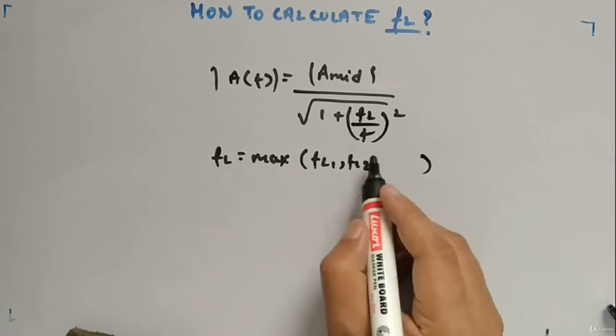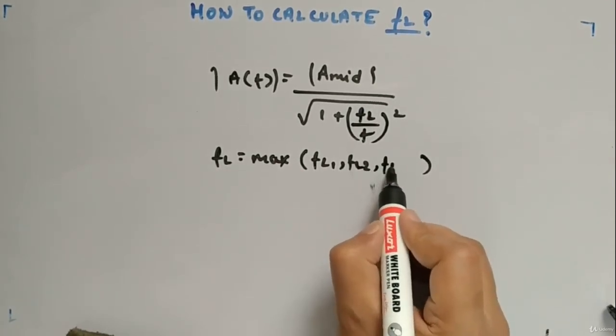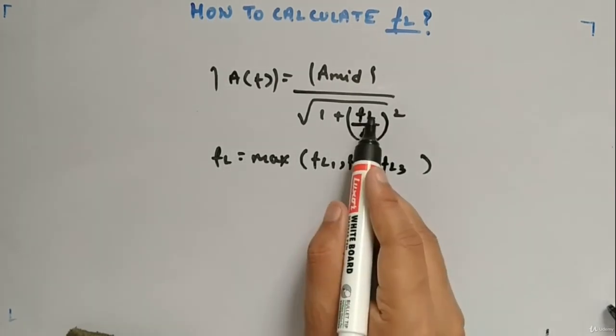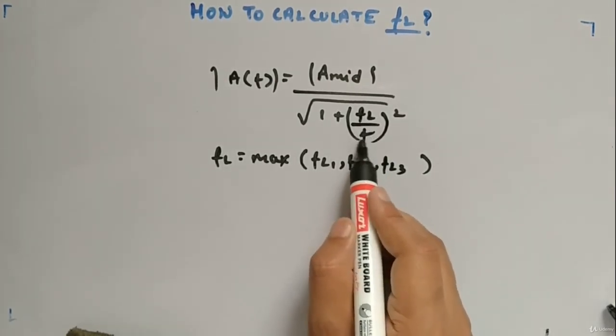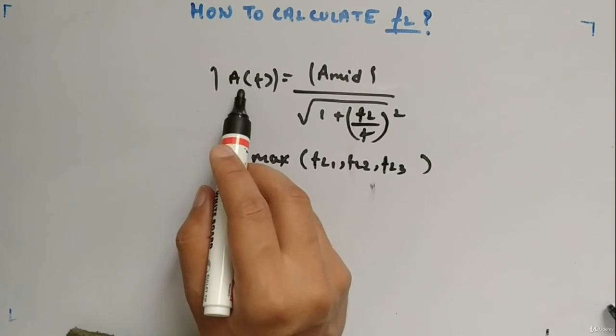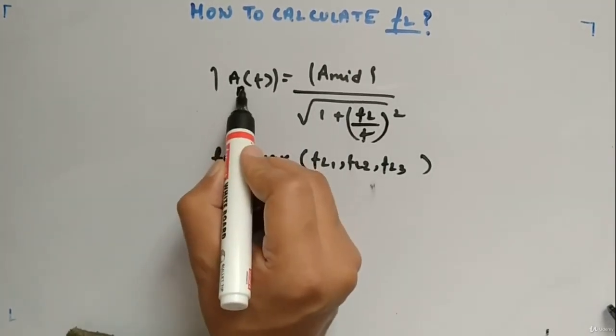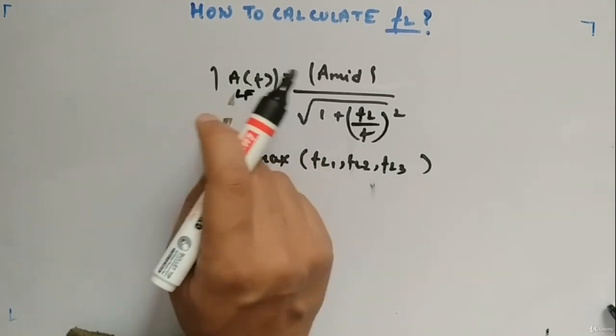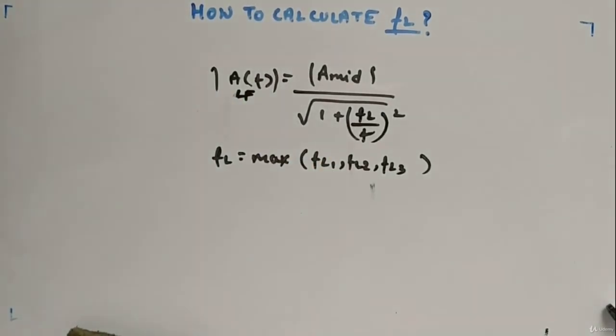If you have 3 capacitors, you calculate FL1, FL2, FL3, pick the maximum one and plug it here. Then whatever frequency is asked, you can calculate the gain. This is low frequency gain. Okay, so that is how it works.